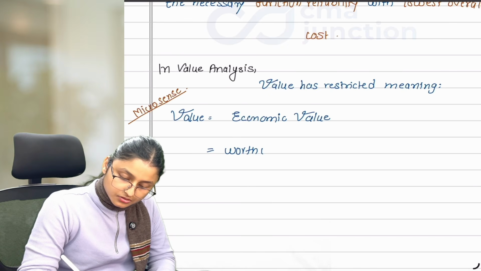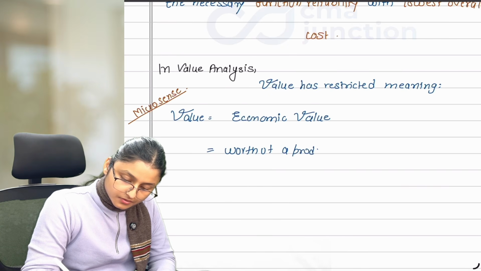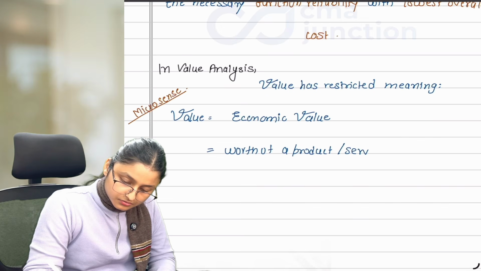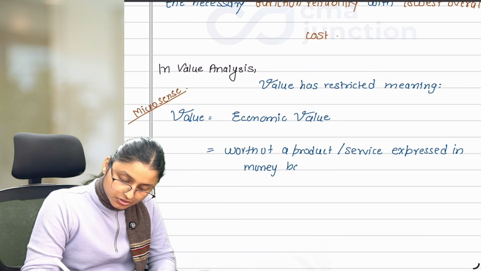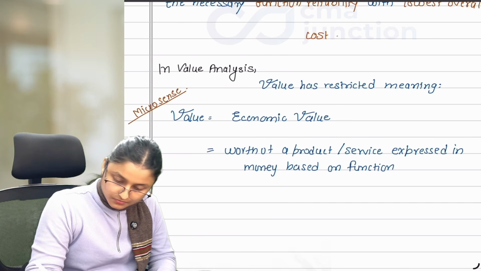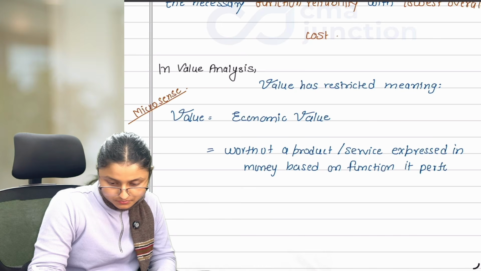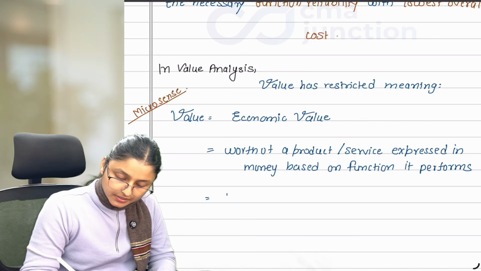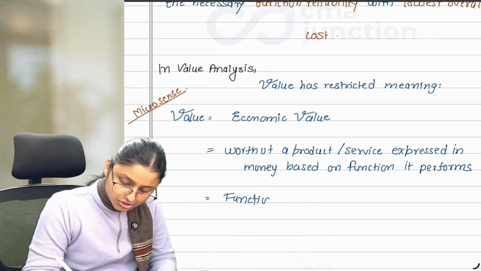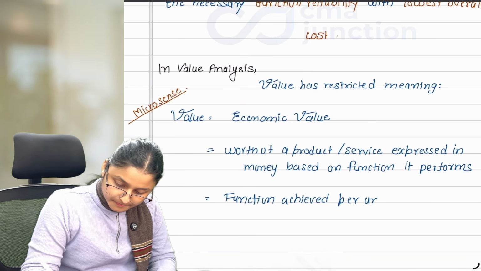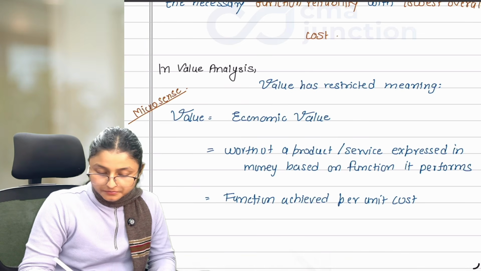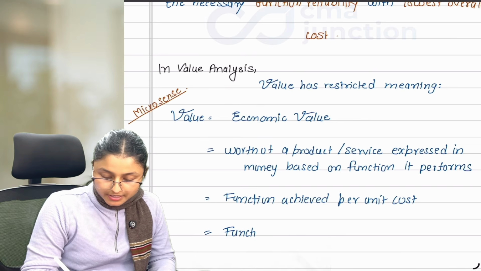Worth of a product or service expressed in money based on the function it performs. It can be written as function achieved per unit of cost, and can be denoted as function divided by cost.